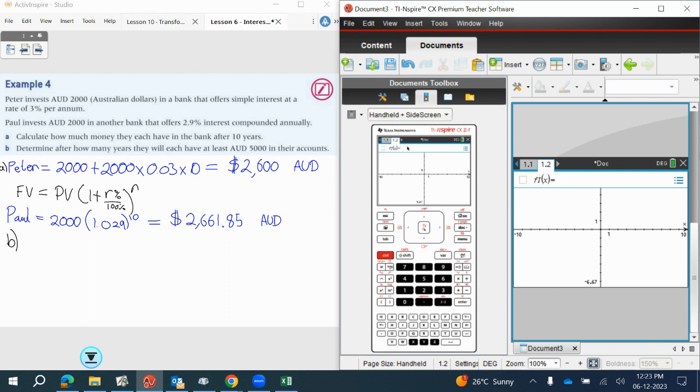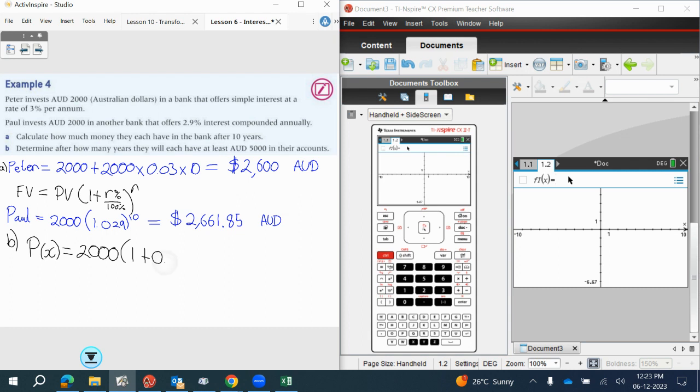So what is the formula for Peter? It is... Can I simplify this one? Can I put Peter's in like that?